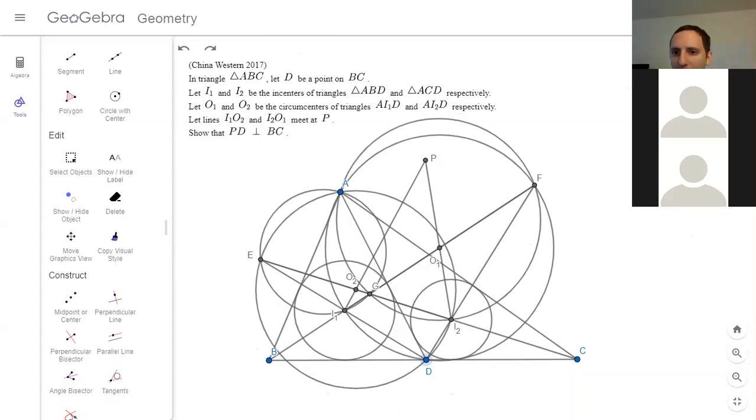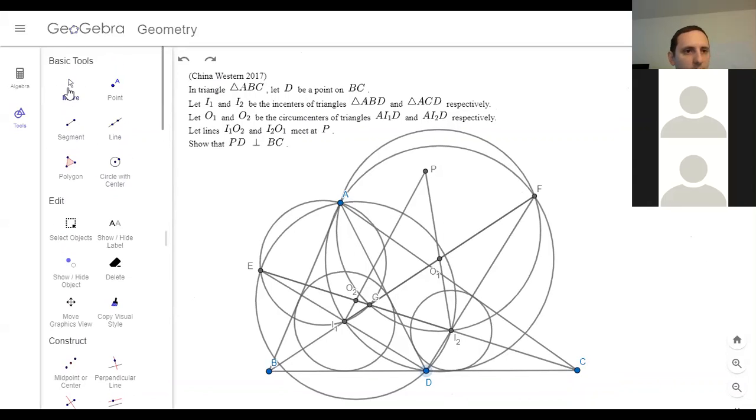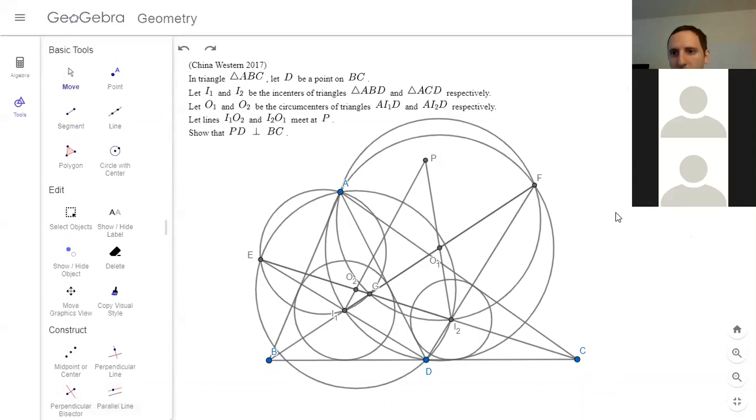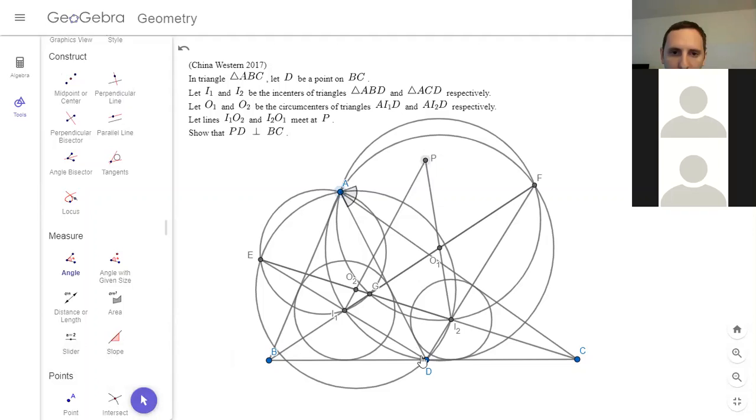All right. Let's see. How do we show PD is perpendicular? Is angle P, so this is kind of a lucky guess, but is angle, no, that's not 90.